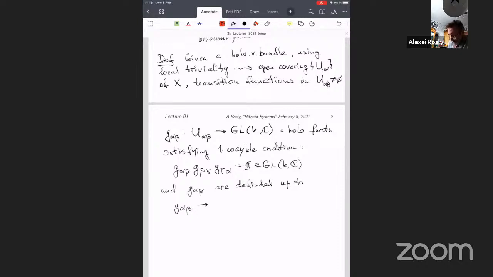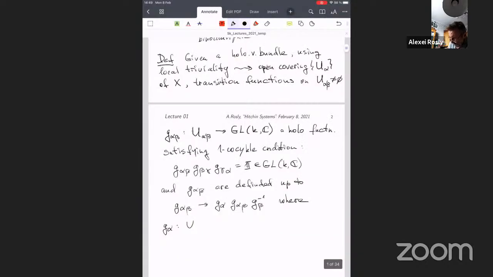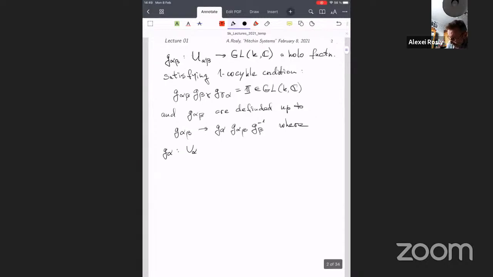We can change the set of transition functions to the following thing, where for each alpha, G alpha is a holomorphic map from the open element of the covering U alpha to the group. Again, it's a holomorphic matrix valued function.